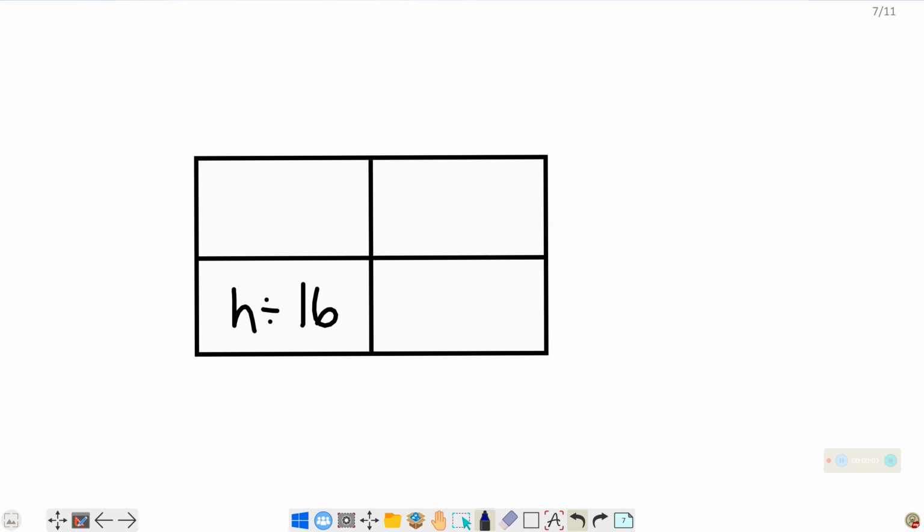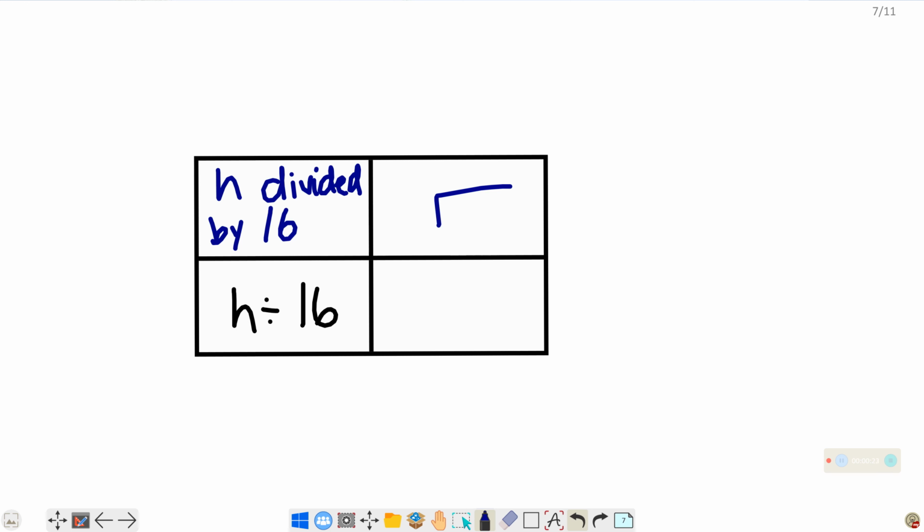In this problem, we are starting with h divided by 16, which if you were to write it out using vocabulary, you would say h divided by 16, or you could say the quotient of h and 16.